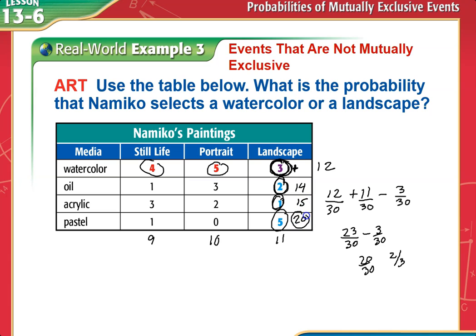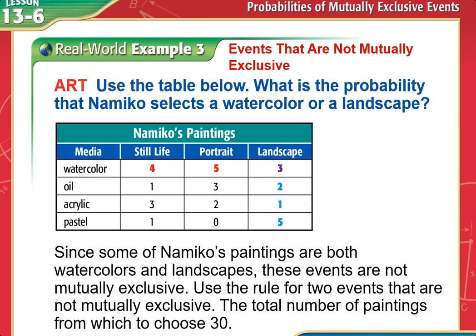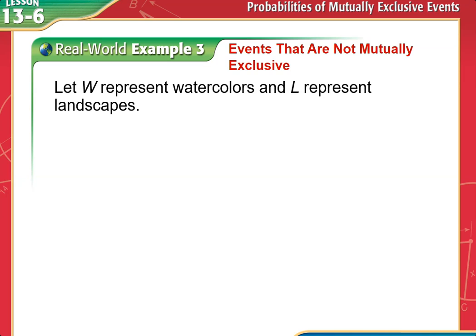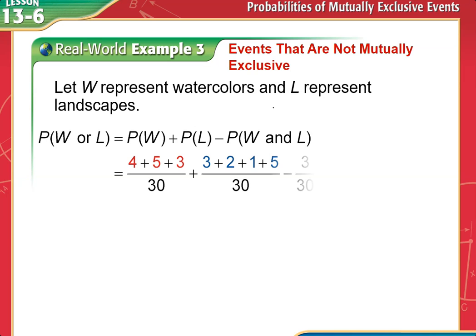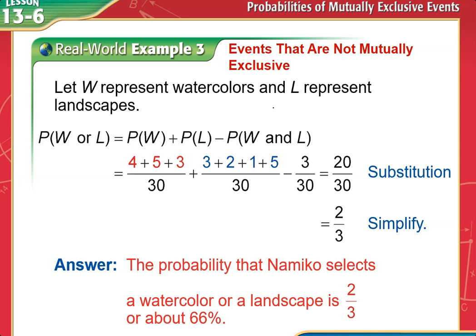And there's our 20 out of 30, just by adding those 6 numbers up. All right. So they're going to explain then how they got their answer. And there's your 20 out of 30, which reduces down to 2/3, or about 66%.